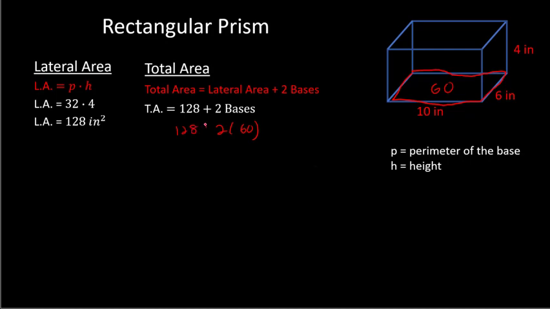So that gives you 120 that you add to the 128. So we take the lateral area, add in the area of 2 bases put together, and that gives you a total area of 248, and it's going to be square inches. That's your total area of all the rectangles, of all the surfaces of this rectangular prism.